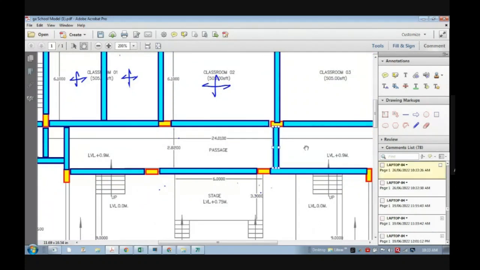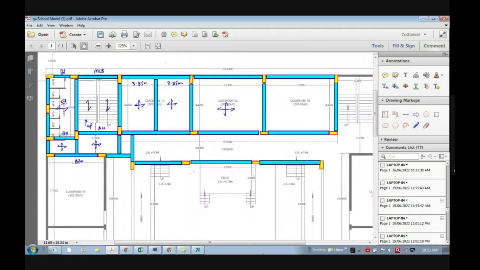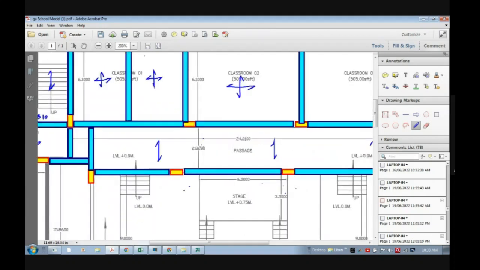See, there is one choice, so let's think over both the choices. There is no problem. As I said, it is creative, so either you can have beams or not. If you don't provide any beam in the passage like this, this will be a one-way slab. All of you understand this? There is no problem, right? It will be a pure one-way slab, a big strip almost 24 meters long, and the shorter span is 2.8 meters.